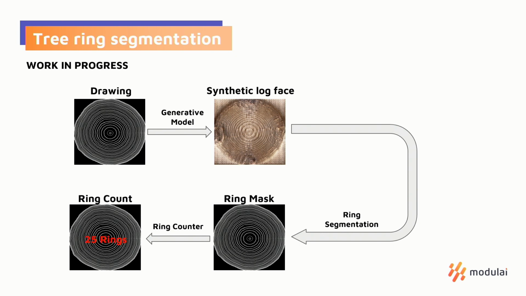And because we knew the starting drawing, we could know the ring mask of this tree. And then we created another algorithm to count the amount of rings. That is what our objective was.